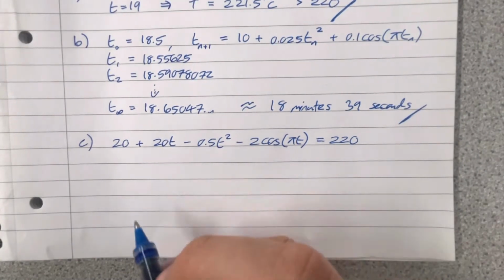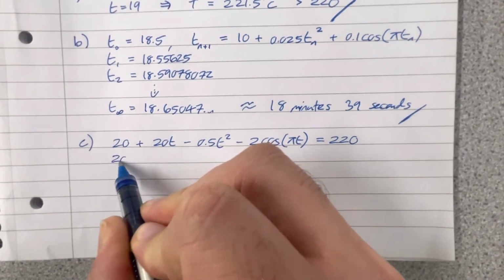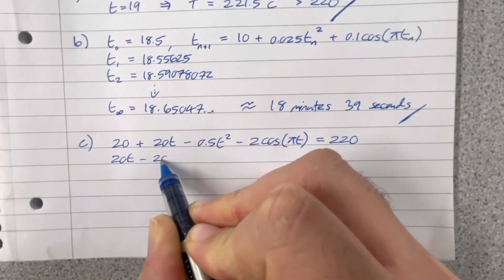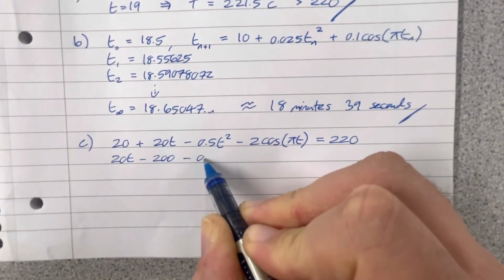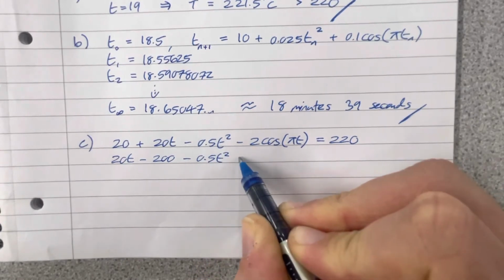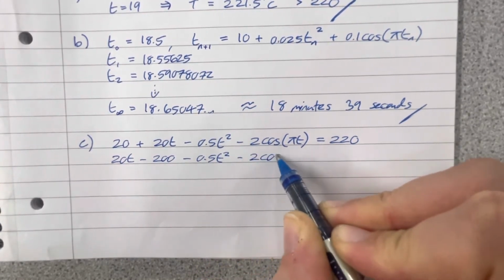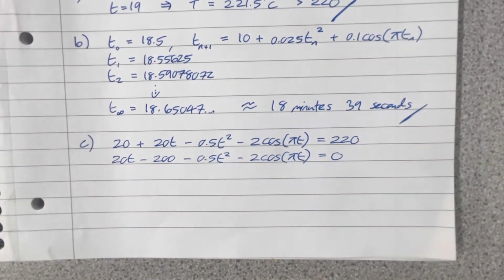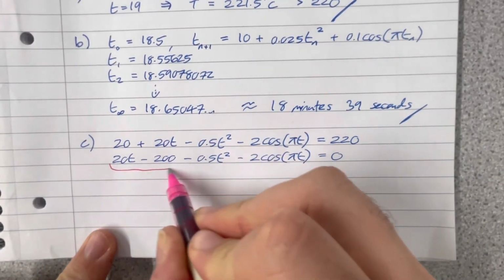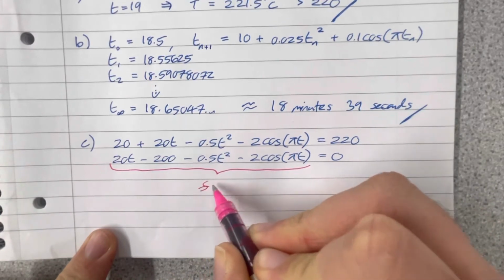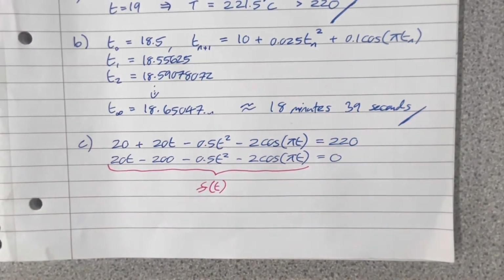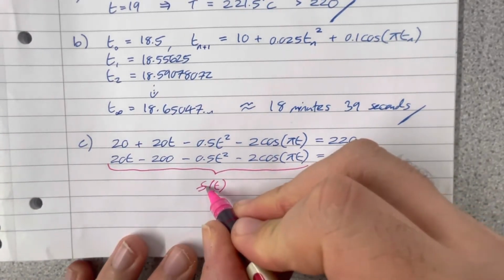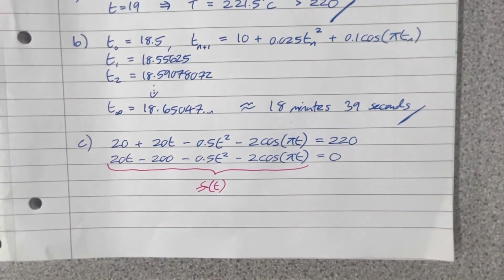If I rearrange that, I will get 20t, subtract 200, subtract 0.5 t squared, subtract 2 times the cosine of pi t equals 0. So that then is going to be my definition of f. There's my f. This time of t, not of x. That's okay, we can deal with that. T is just the letter that we're using for the variable.